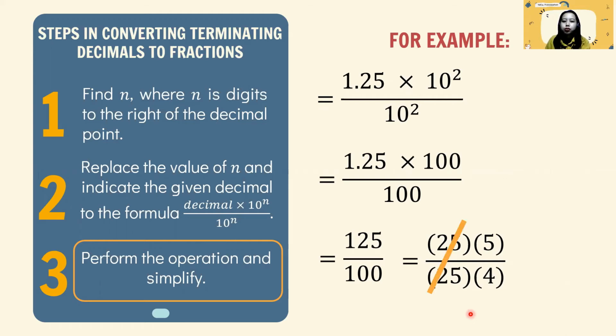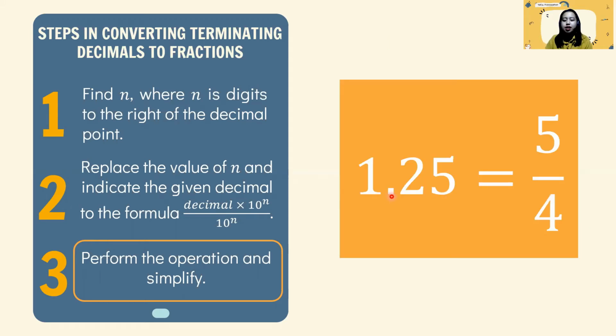What would be the final answer? That's right. The final answer is 5 over 4. Meaning that 1.25, read as 1 and 25 hundredths, is equal to 5 over 4.